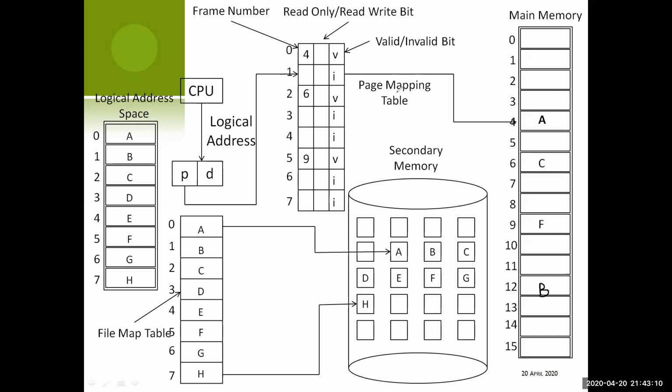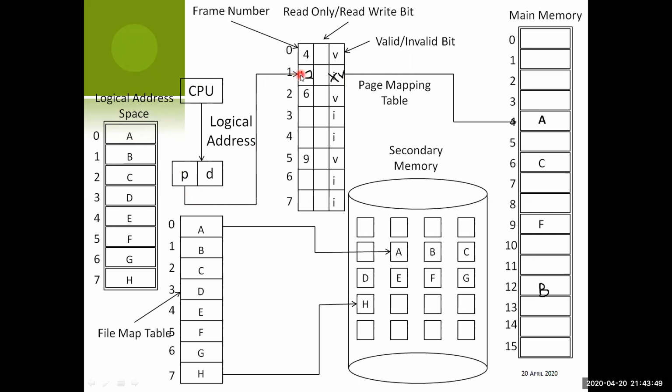We have loaded B into frame number 12, so we will change the value of the frame number to 12 and set the invalid bit to a valid bit, and again transfer control from the operating system to this process. Now it will again start executing. Again, this will generate the same address.